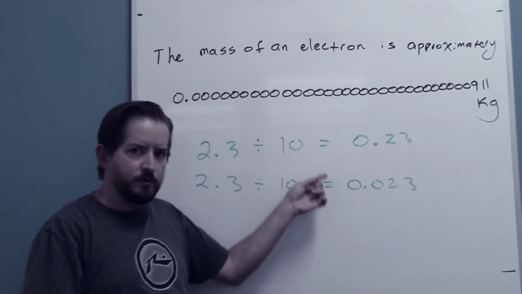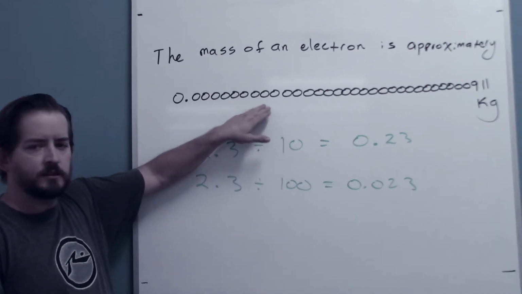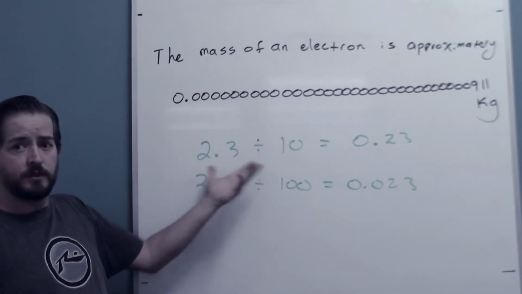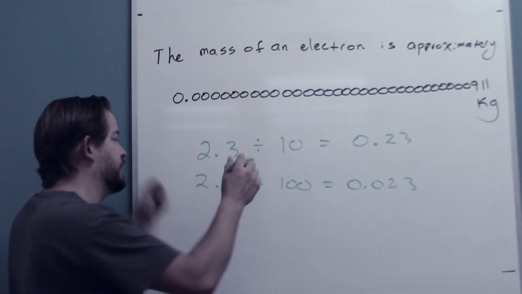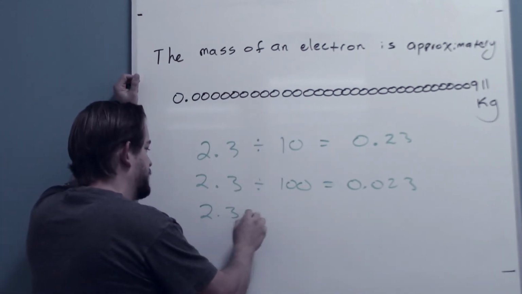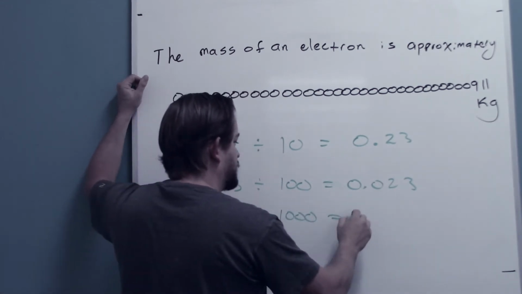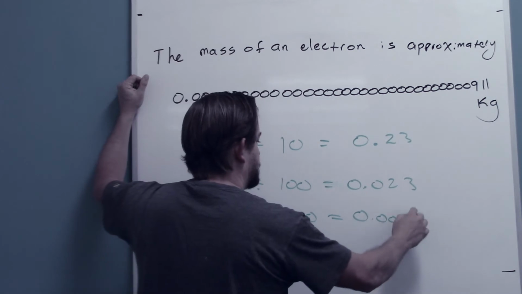And you can see how I can turn 2.3, if I just keep moving this decimal over and over, it might start looking like a number like this. Right? Obviously the numbers are different because it's 2.3 and 911, but let's go 2.3 divided by 1,000 is just moving it over one more time, right?